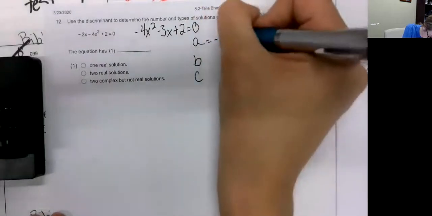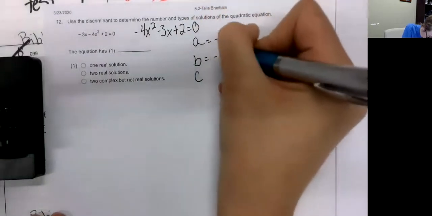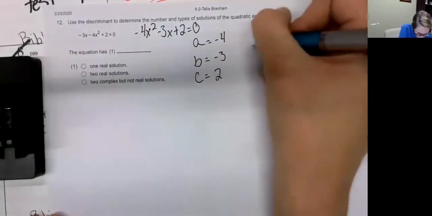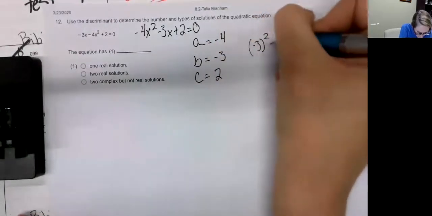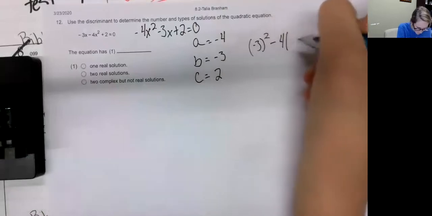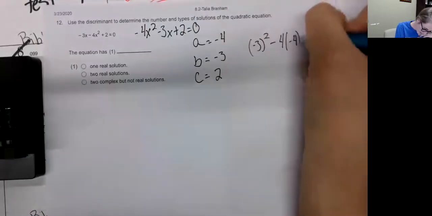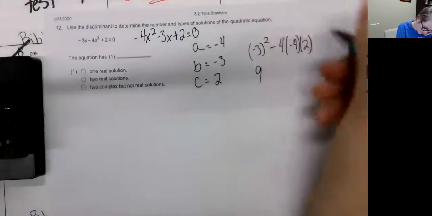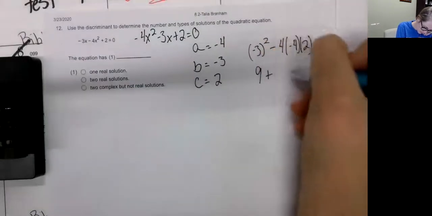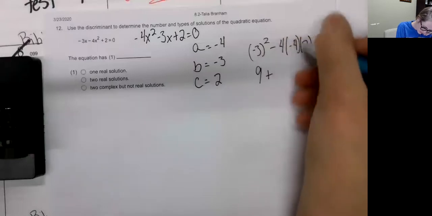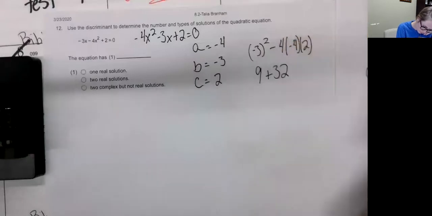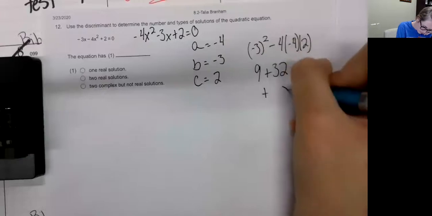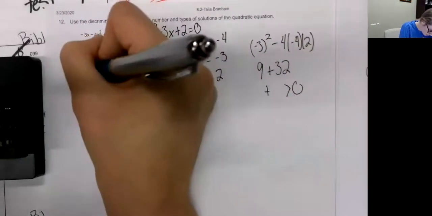So A equals negative 4, B equals negative 3, and C equals 2. So B squared, negative 3 squared, subtract 4 times A times C. So 9, 4 times 4 would be negative times negative, would be 16 times 2 is 32. It's positive, so it's greater than 0, so it's 2 real.